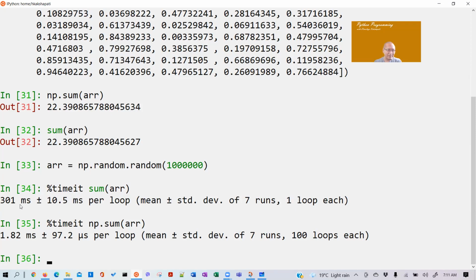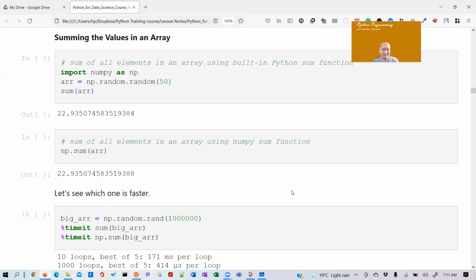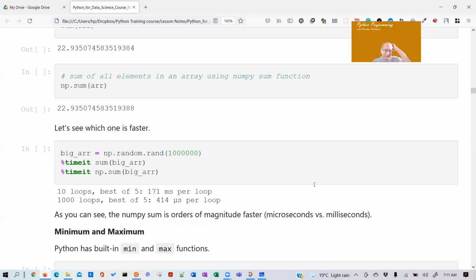So 301 milliseconds versus 1.82 milliseconds. Which one is faster? Of course NumPy is faster, almost 150 times faster.